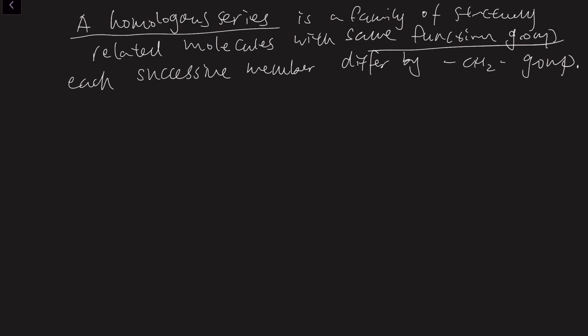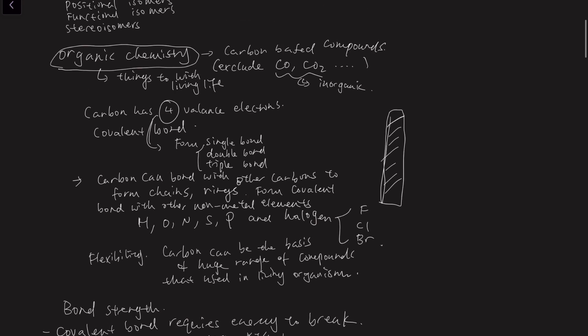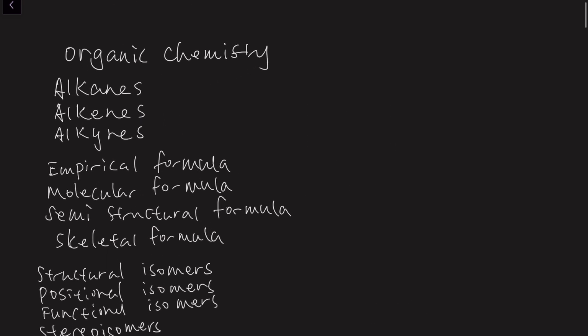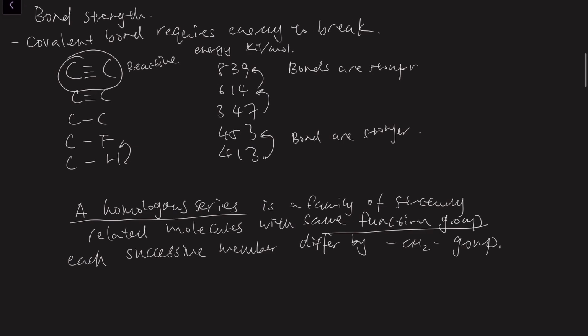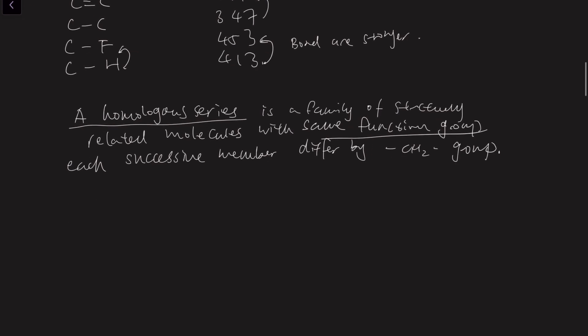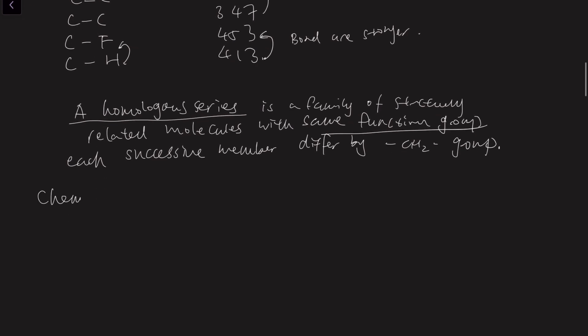So all the families we are going to look at today, which is alkanes, alkenes, and alkynes, they all belong to a different homologous series. The chemical properties of a homologous series are similar because they have the same functional group.